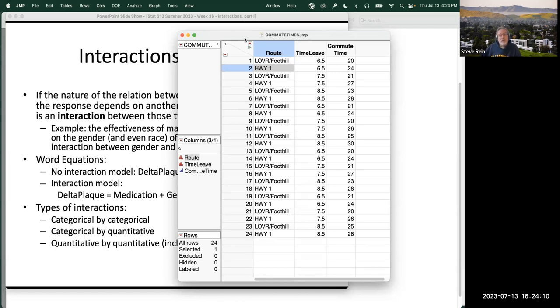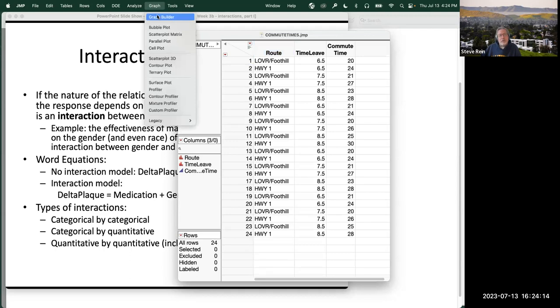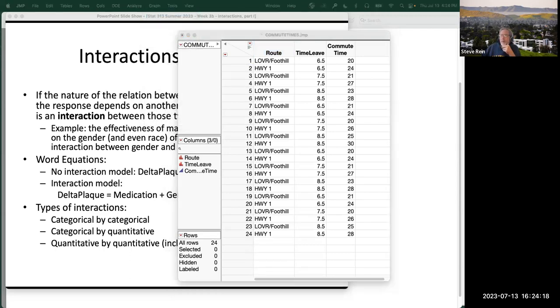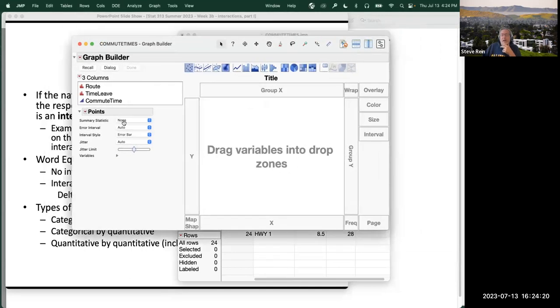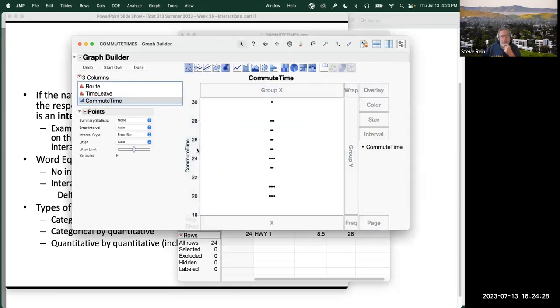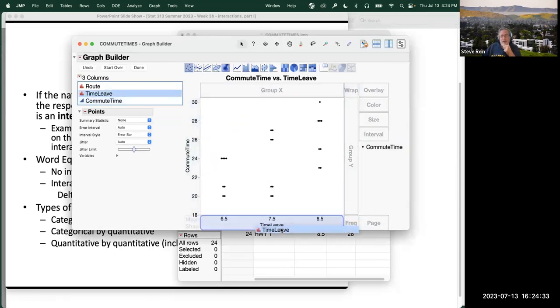If I were to explore the data graphically, we could get a better sense for what's going on. And I always recommend Graph Builder, maybe because I find it helpful. If my goal is to understand what the data are trying to yell out at me, Graph Builder is a good thing. I'm going to use commute time as a quantitative response. The time I leave is 6:30, 7:30, 8:30.